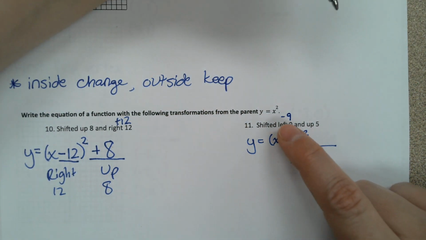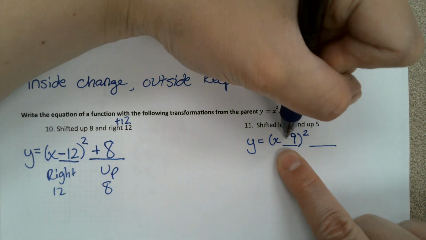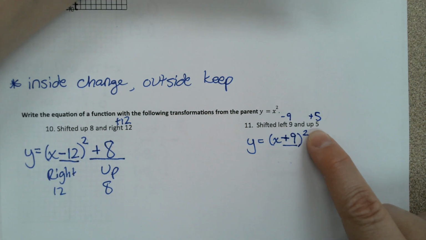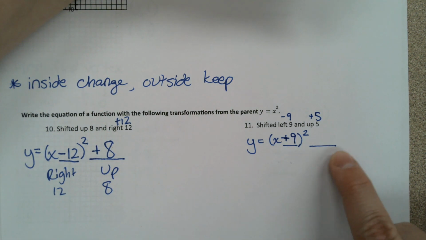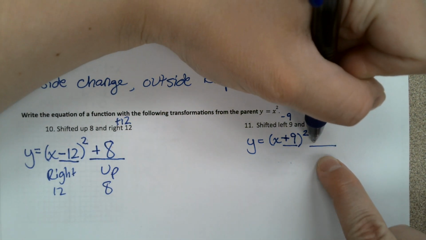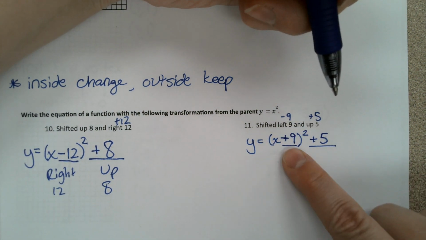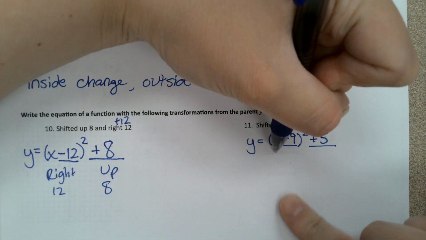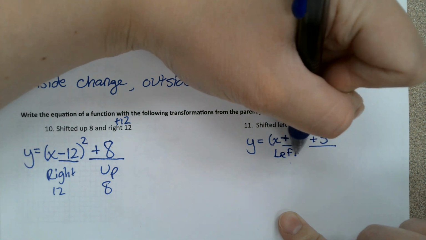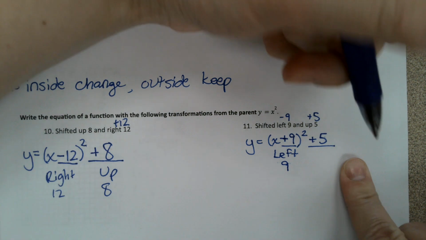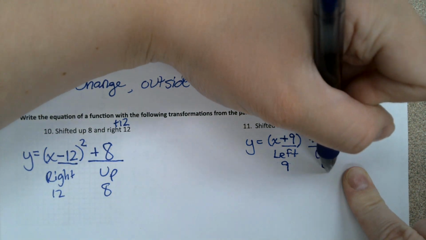That's a -9, but remember when we put it inside, we have to change the sign. Up 5, that's a positive movement. Up or down is outside, we keep it the same. So I keep that a plus 5. So inside here, this is read as a -9, and -9 means left 9. Outside, we read it just as it says. So when it says plus 5, that means we are going up 5.